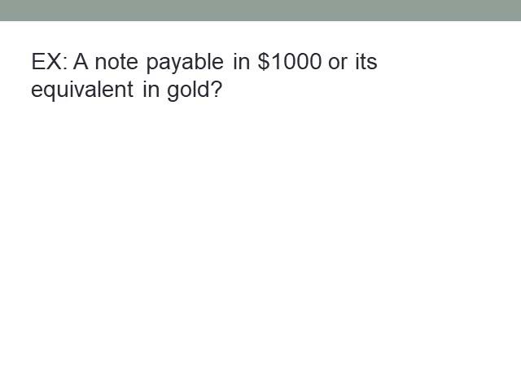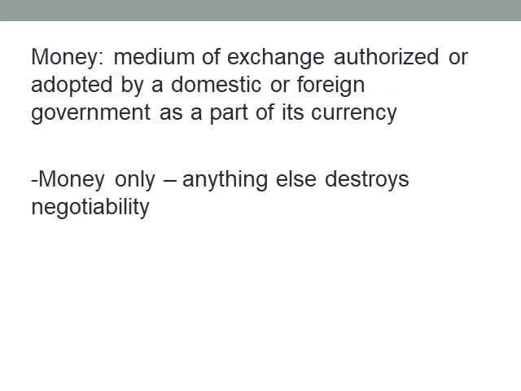So a note payable in $1,000 cash or its equivalent in gold is not going to be negotiable. Payment in diamonds or 40 hours of service or Facebook stock? Nope, it has to be in cash. There cannot be an equivalent exchange. Amount of money, fixed amount of money. So money only, anything else destroys negotiability.